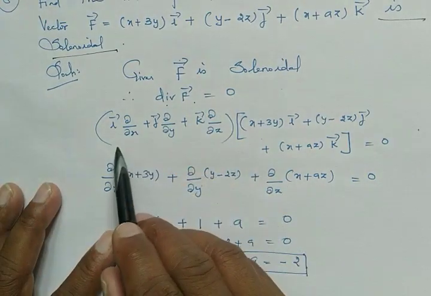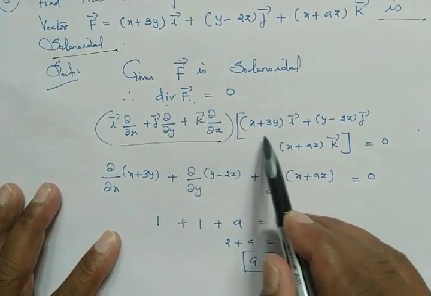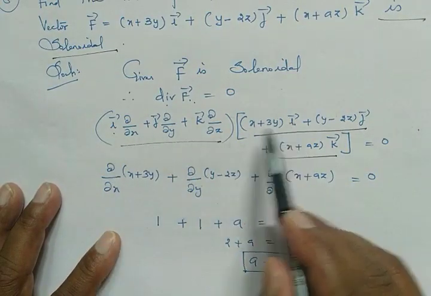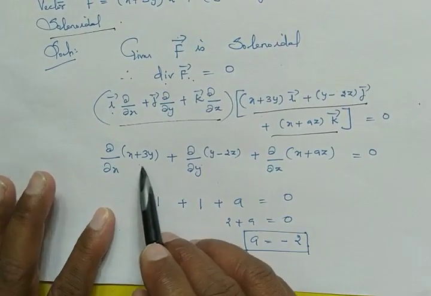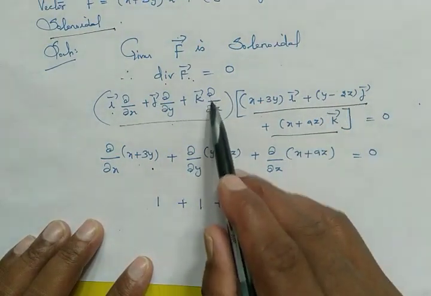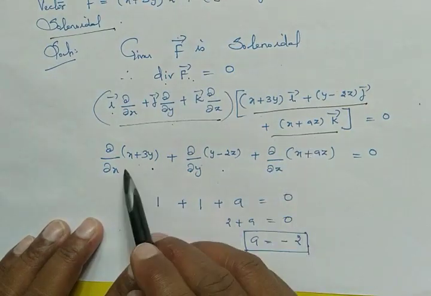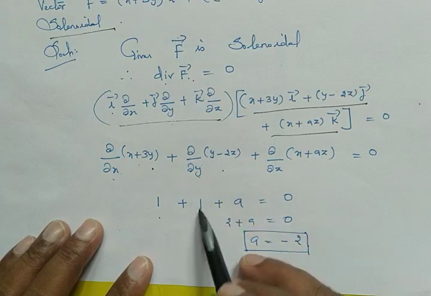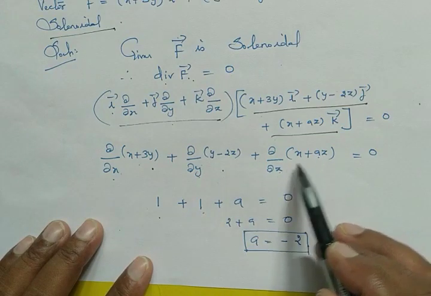Divergence: you write del, then the f vector they gave in the problem, and multiply i with i. So dou by dou x of x plus 3y, dou by dou y of y minus 2z, and dou by dou z of x plus az. Differentiating partially with respect to x gives only 1, y gives 1, and z gives a, as x becomes 0.